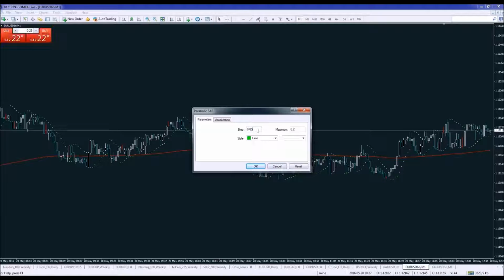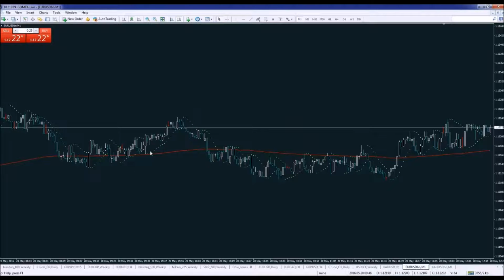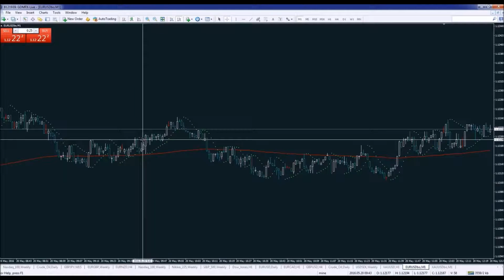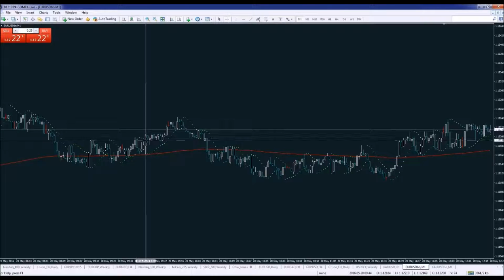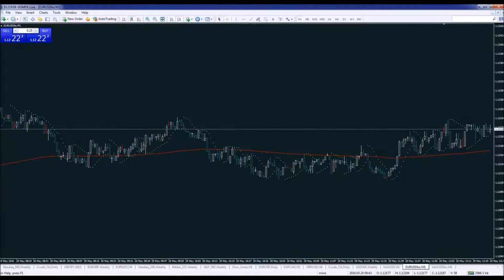That's why our input, one more time, is 0.05 to a maximum of 0.2. If we use the normal 0.02, this will give us moves that are a little bit too small, rarely going to generate a good signal, because the parabolic appears when the price breaks through the previous parabolic, which was on the upside.